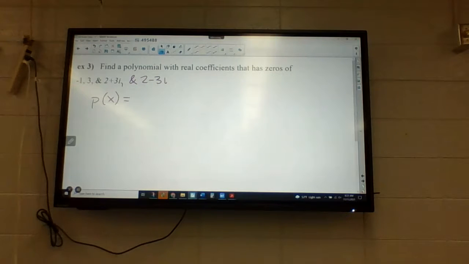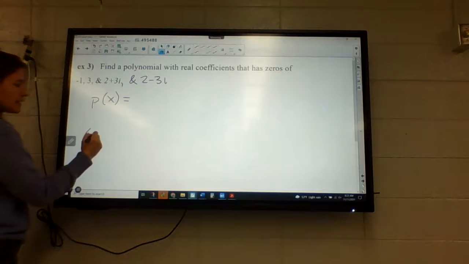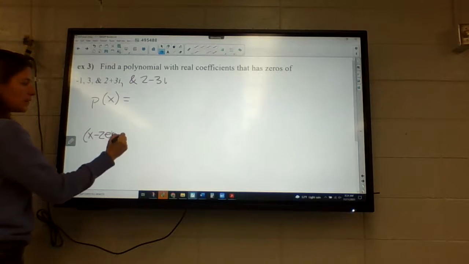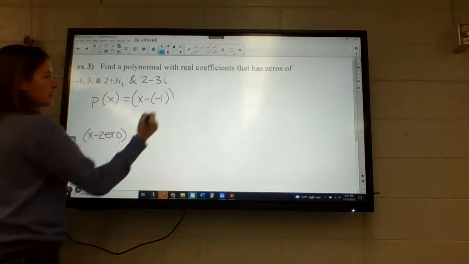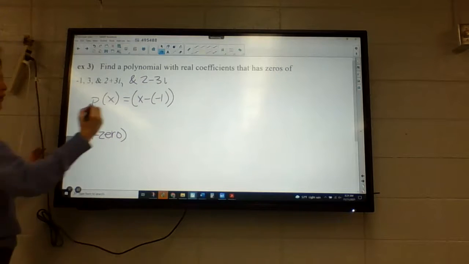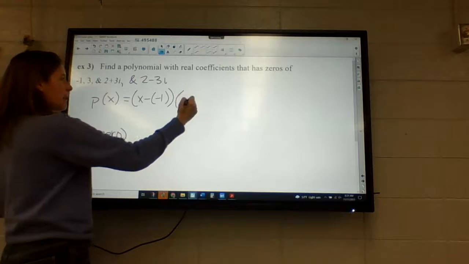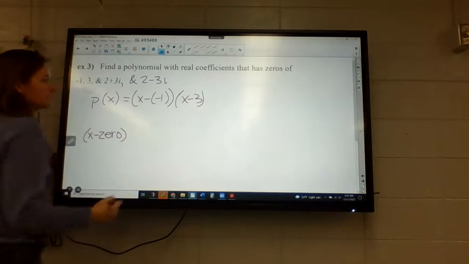So again, we're doing x, like basically minus our zero. So x minus -1. And if you're able to just write that as +1 right away, that's fine. X minus 3.